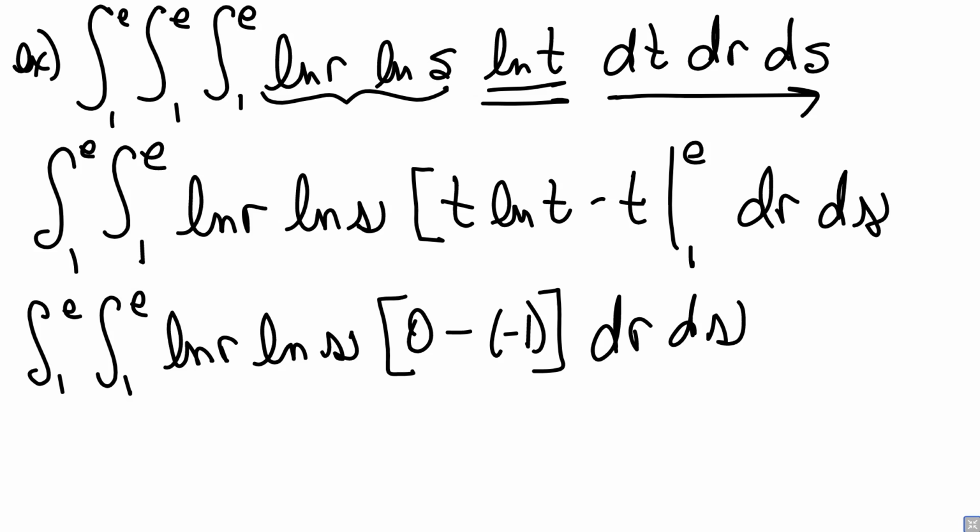Now, as far as this term is concerned, it's going to be positive 1, but we're going to multiply it out, so we can kind of ignore that. Okay, any questions?